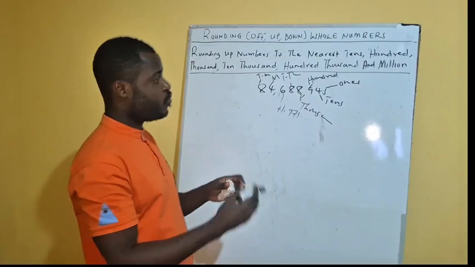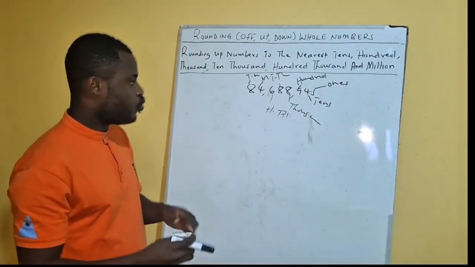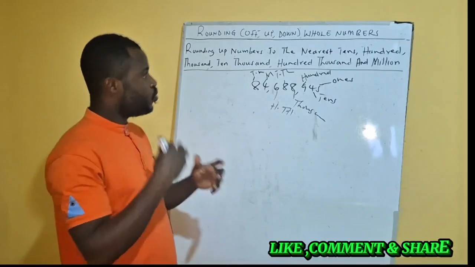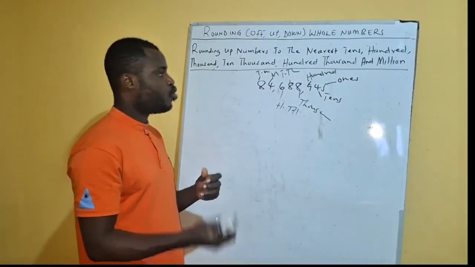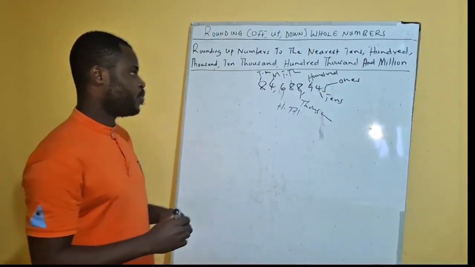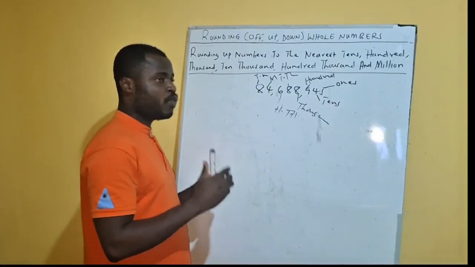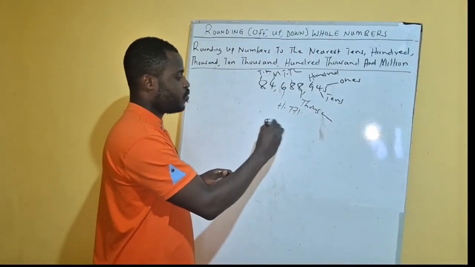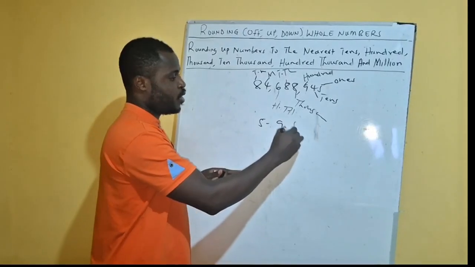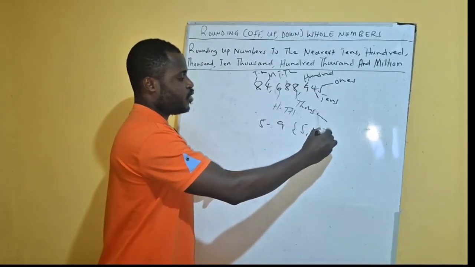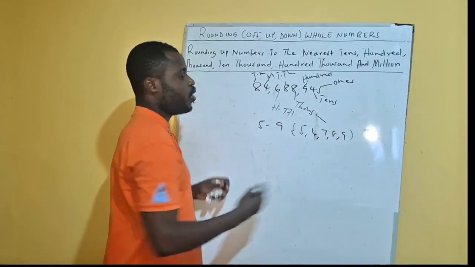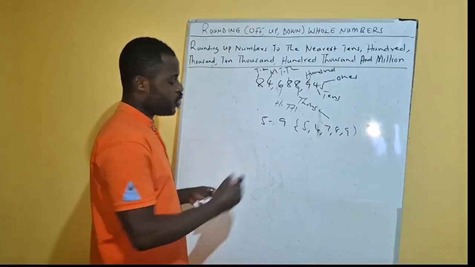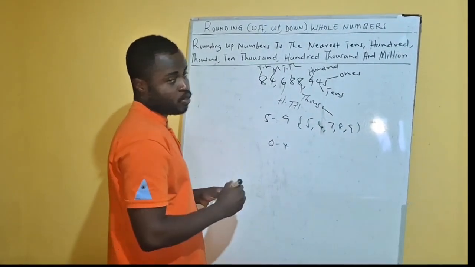With the knowledge of place value, we remember this. Now, you should note that in rounding numbers, whether rounding up or rounding down, there are rules governing it. And the simple trick is you have to know that some numbers are roundable, and these numbers are from 5 to 9. I mean numbers 5, 6, 7, 8, and 9. We don't include 10 because when you write 10, it is 1 and 0. Yes. And numbers from 0 to 4 are not roundable numbers.